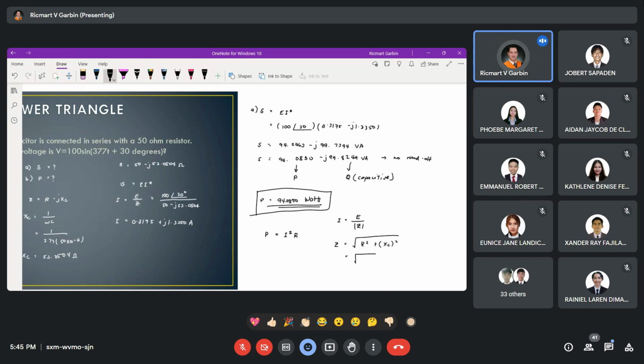So, this is the square root of R, which is 50 squared plus negative 53.0504 squared. So, anong value ng Z natin? Tingnan nyo nga. Huwag tayo magra-round off, ha? Huwag muna tayo magra-round off. Yung 1 over 377 times 50 times 10 to the negative 6, dapat siya ay 53.039788.